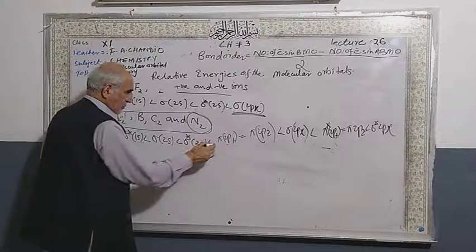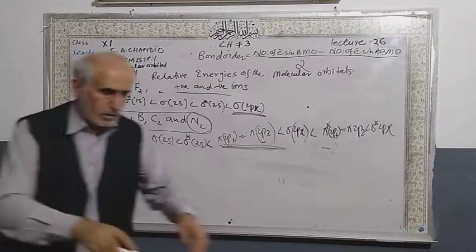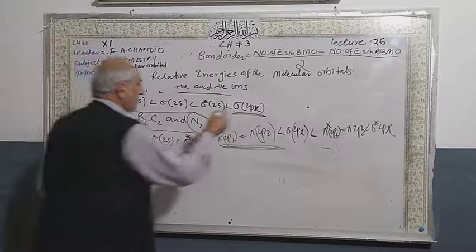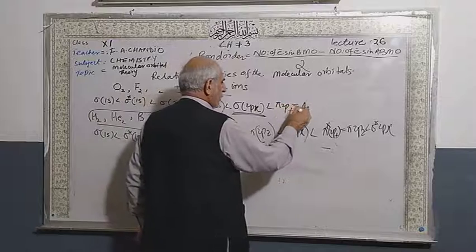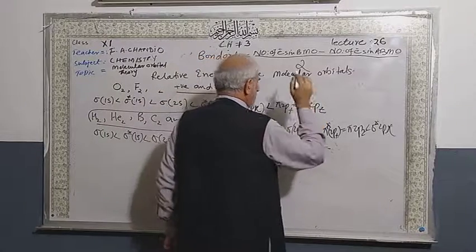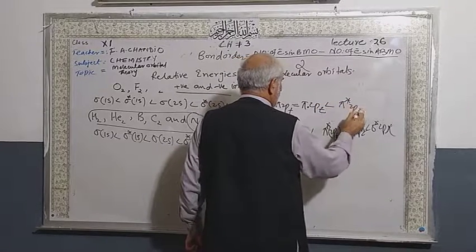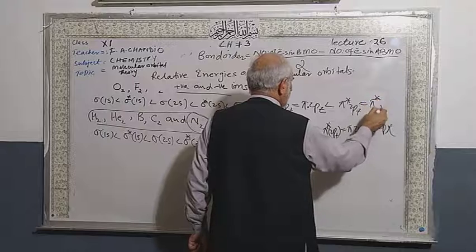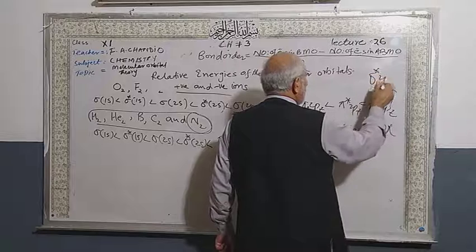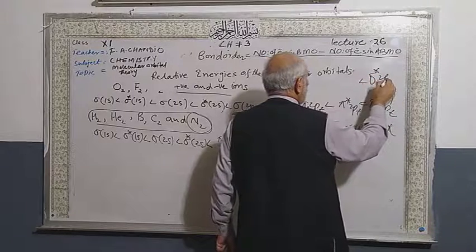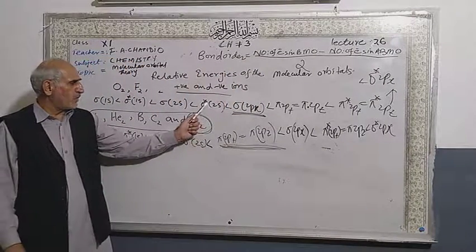There's the difference. Then pi 2py is equal to pi 2pz, and pi star 2py is equal to pi star 2pz, and the last is sigma star 2px. So the difference is only here.